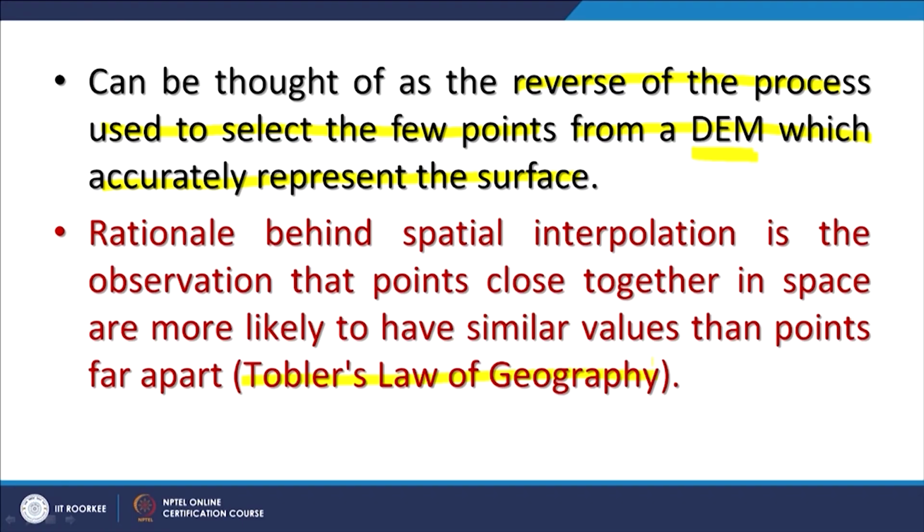So, points close together in space are more likely to have similar values than points far apart. This was proposed by Tobler's law of geography, and this concept is very much implemented in GIS.